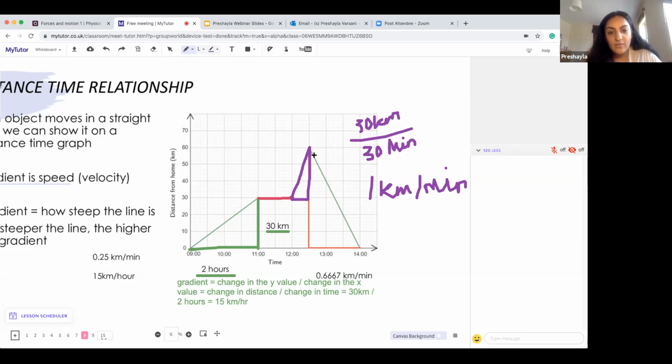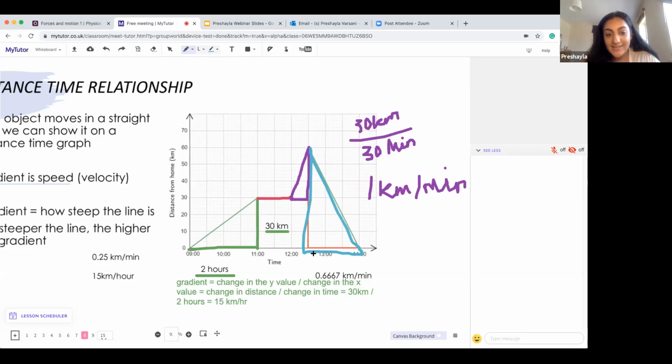Okay, so finally, our last part of our graph is this blue graph. This blue part here. Again, we can do the change in y divided by the change in x. You see the change in y for the blue part is 60.